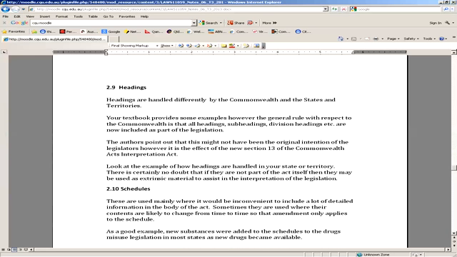Headings. We've mentioned headings a little bit earlier on, a couple of times, but what we're talking about with headings is that in each part, chapter, section, there will be headings, and maybe subheadings, division headings, part headings. Often there used to be a question as to whether those headings helped us to interpret what that section meant or what that part meant.